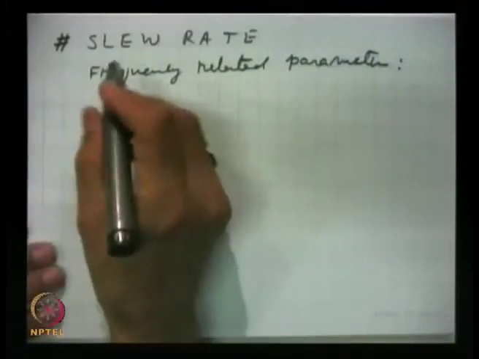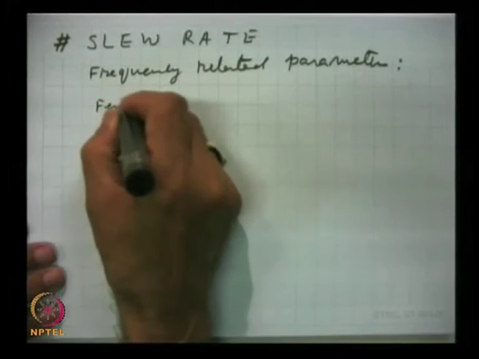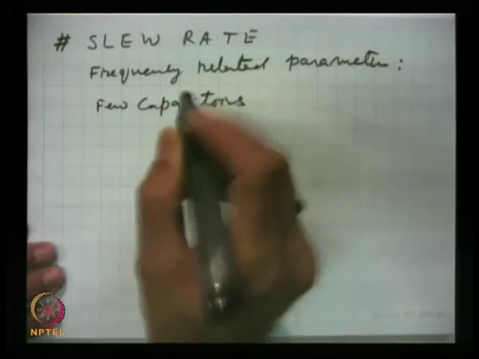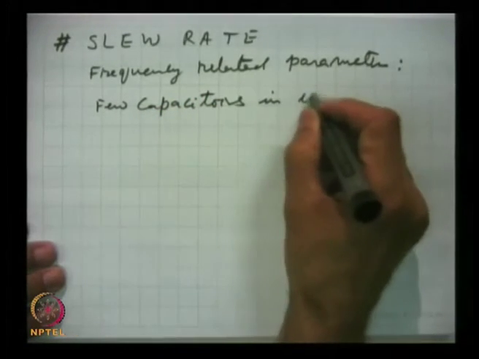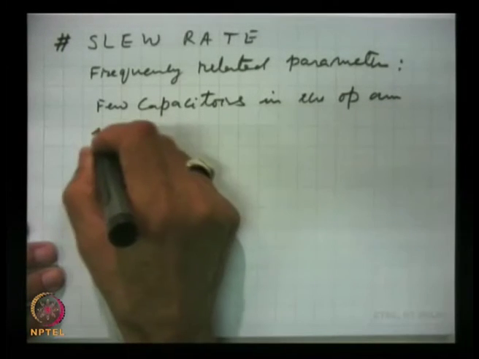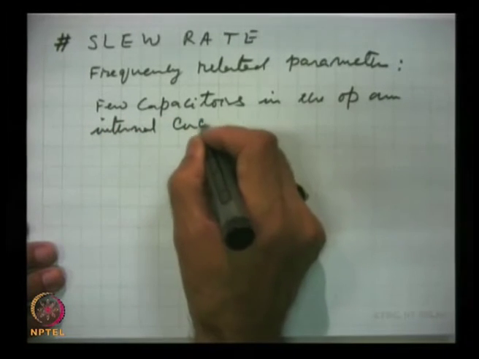And why is it not instantaneous? Because there are one or two small value capacitors, a few capacitors, in the op amp internal circuitry.